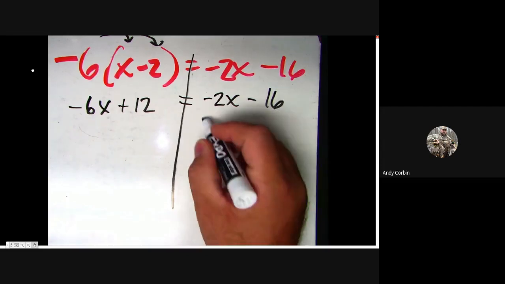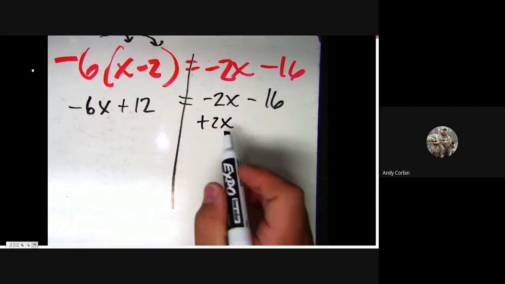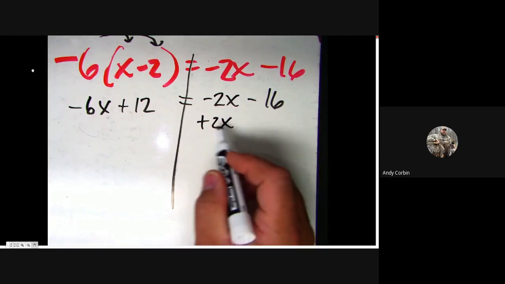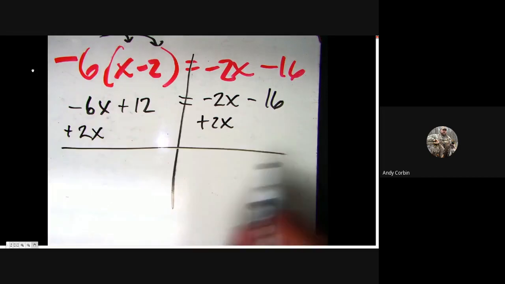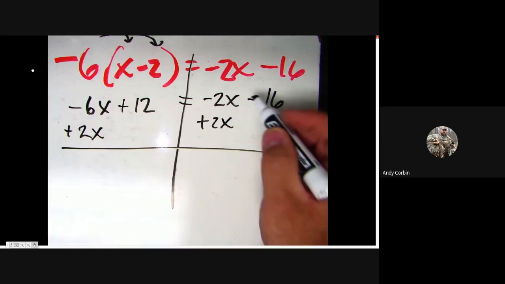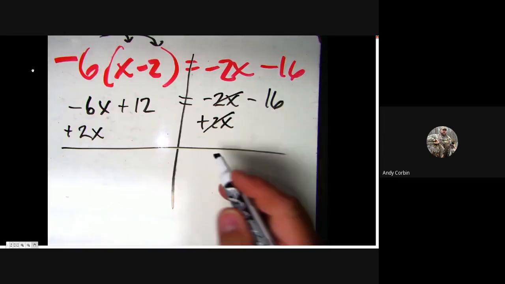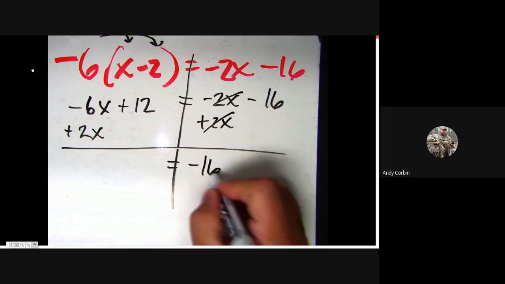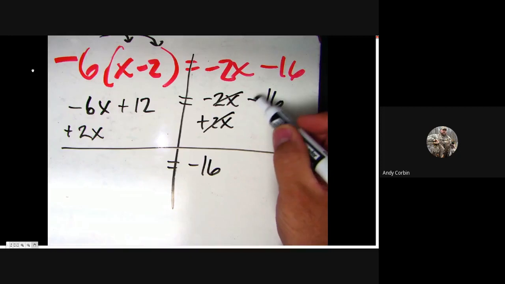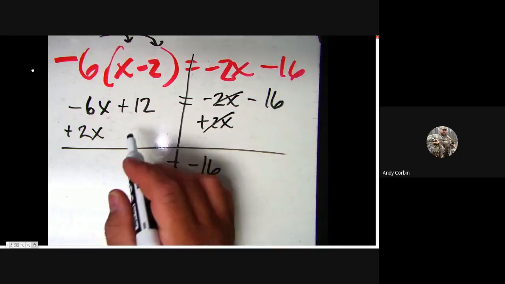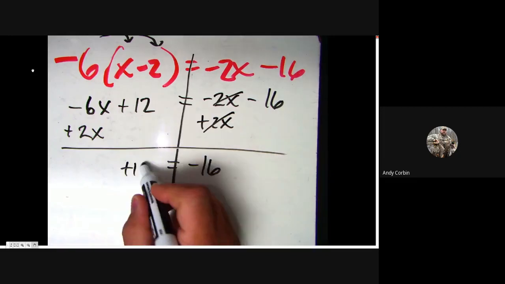Elfrin said add 2x, and that's definitely one way we can go. If we do it to one side, then automatically we have to do it to the other side, right? So just like Elfrin said, additive inverses, those are gone. Negative 16, just bring that down. Remember, that's a negative, right? Positive 12 is not touched.